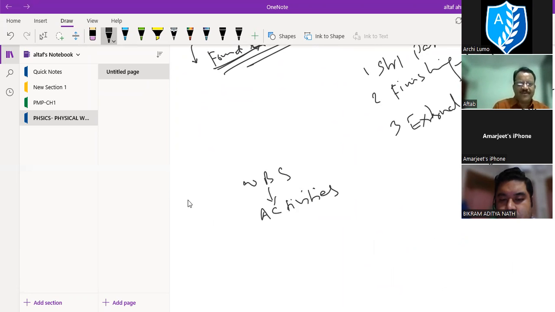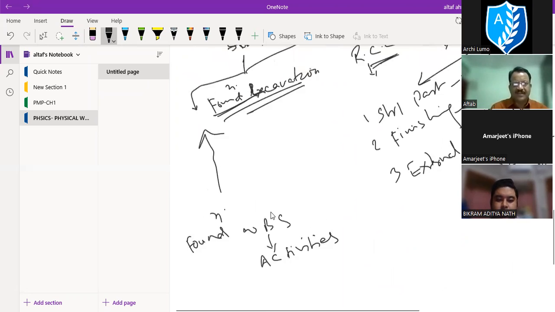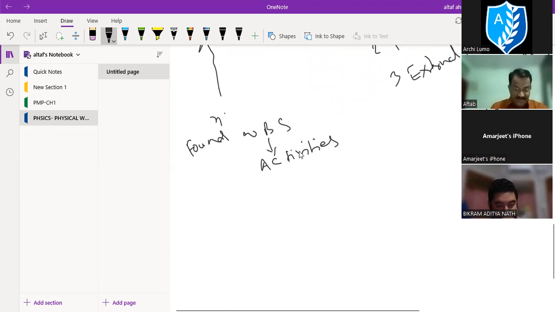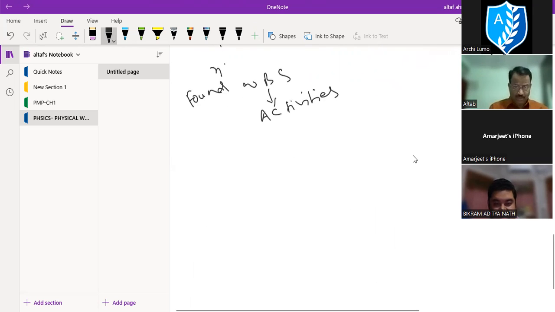Suppose our foundation WBS, what we just discussed, is one of the WBS under substructure. Under the foundation WBS, what may be the activities?